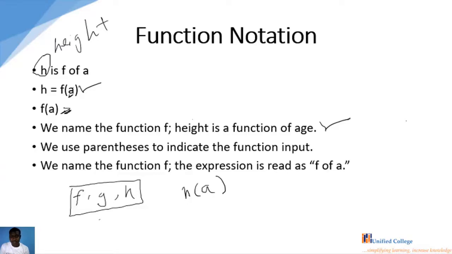The parentheses indicate that age is input into the function. They do not indicate multiplication. What it means is that a is input into this function to give an output.